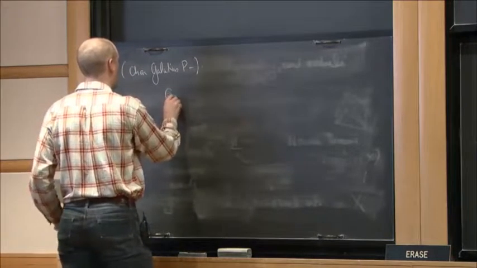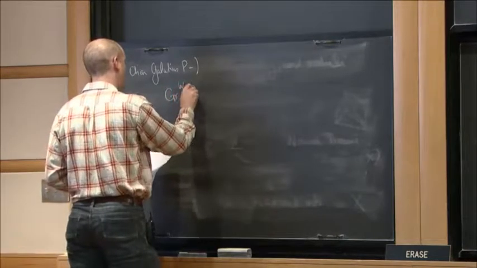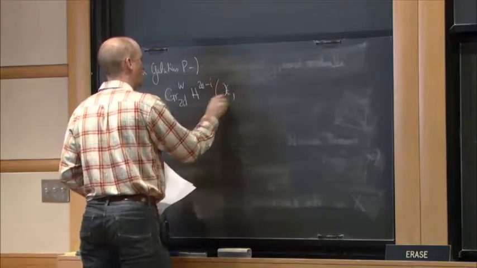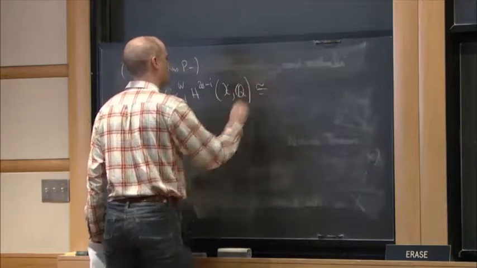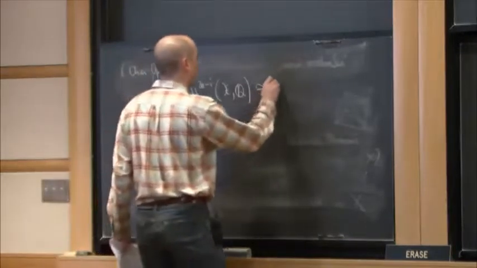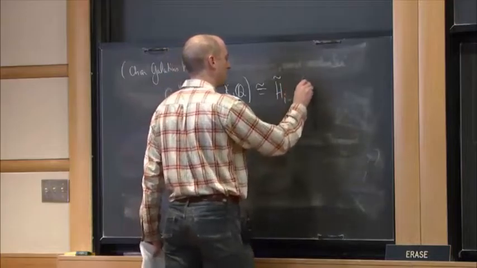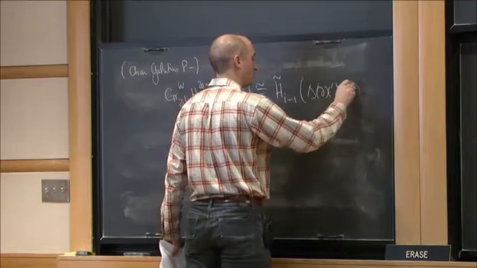And so the statement here is that the 2D graded piece of the weight filtration on H^{2d-i} of the open stack X with Q coefficients is canonically identified with the (i-1)st reduced homology group of the dual complex of the boundary.